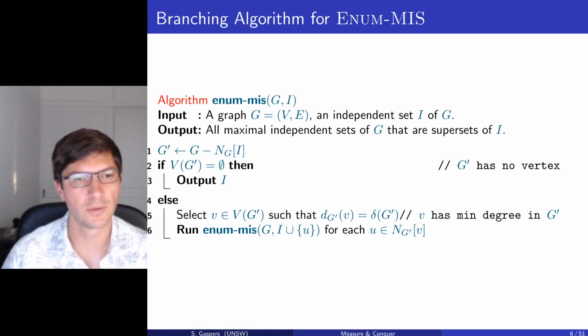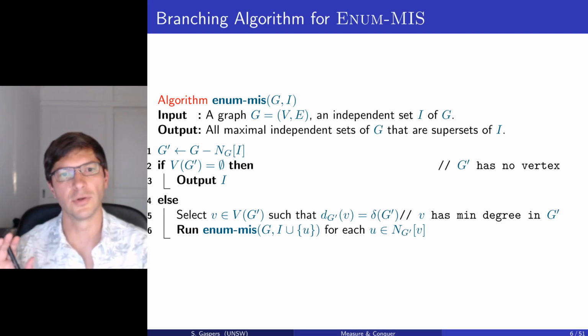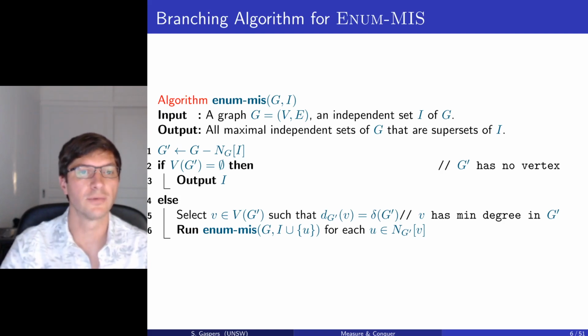Okay, so first of all, the algorithm takes the vertices in I and all their neighbors and deletes them from the graph to create a new graph G prime.